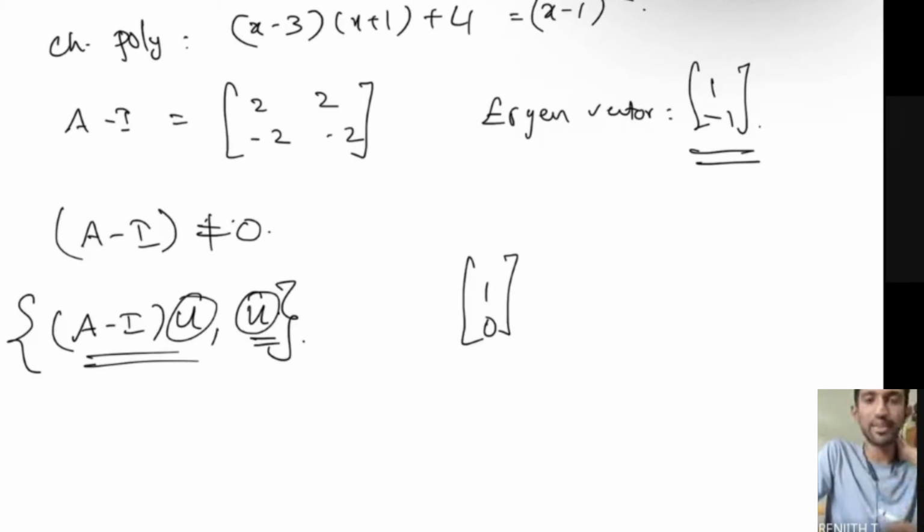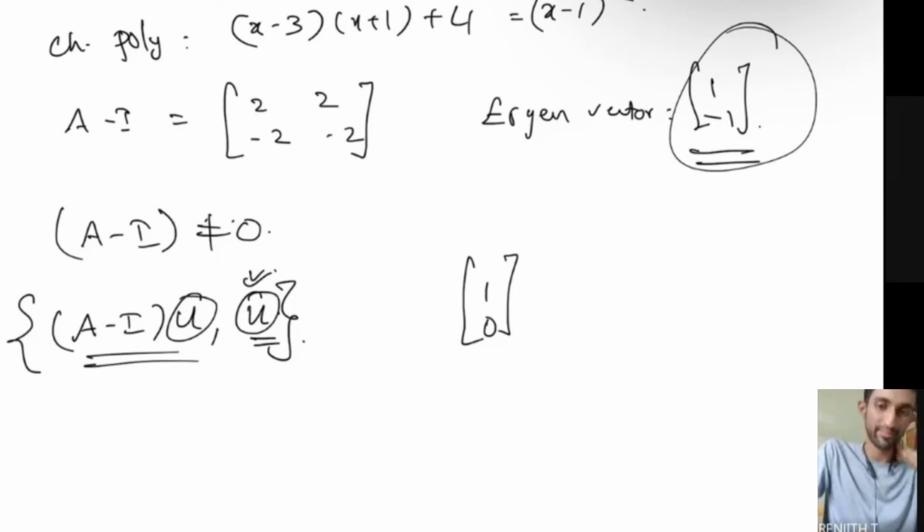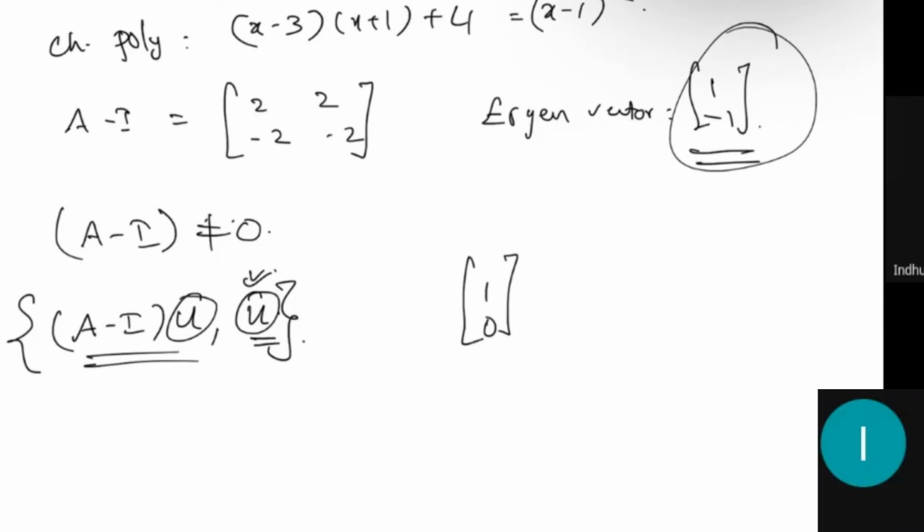Then only we will get a basis with generalized eigenvectors. So to get a generalized eigenvector, take a U such that A minus I times U is non-zero. And we know that A minus I times U is 0 only if it is in the span of 1 minus 1, right? Yes, sir. Yeah, so take any element which is outside this 1 minus 1.